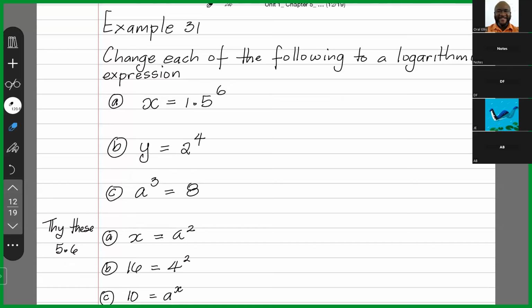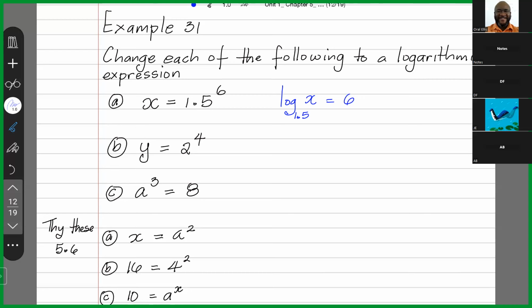In example 31a, x is equal to 1.5 to the power 6. That is index form. Moving to logarithm form, it would be the logarithm of the number x to the base 1.5, where 1.5 is the base, is equal to the index, which is 6.